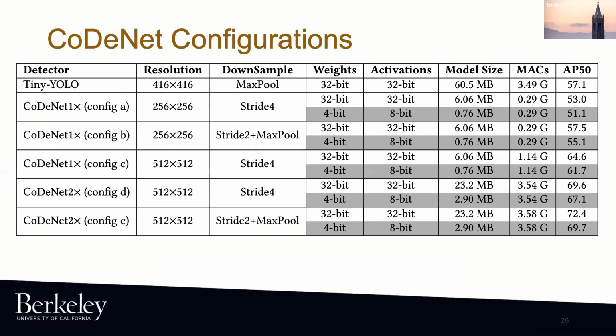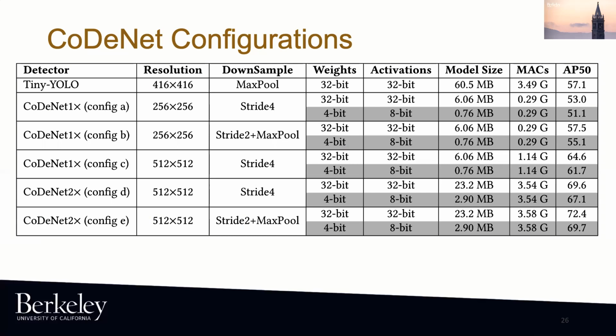We implemented the CoDeNet model in PyTorch, trained it with a pre-trained ShuffleNet V2 backbone feature extractor, and quantized the network to use 8-bit activation and 4-bit weights. We devised several configurations of CoDeNet to facilitate the latency-accuracy trade-offs for our final object detection solutions on the embedded FPGAs.